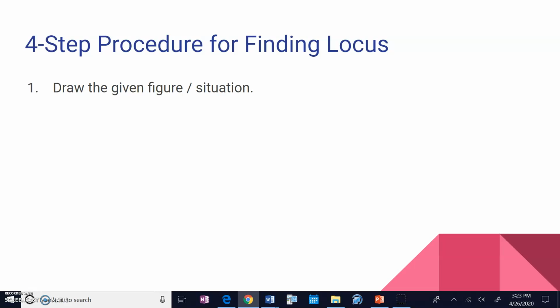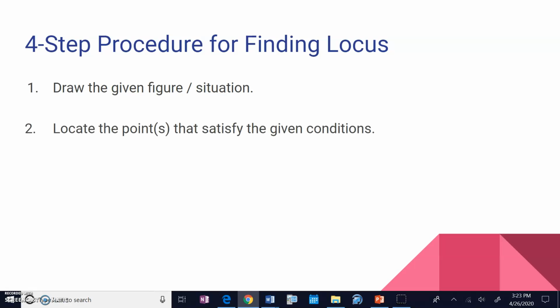So draw the situation that's given to you, then start locating points one at a time that satisfy the given conditions. So if I said the points that are 3 centimeters from A, then find one point that's 3 centimeters from A, then find a second point that's 3 centimeters from A, then a third, and a fourth, and a fifth, and a sixth, and if you continue in that pattern, you're going to recognize the circle pretty quickly.